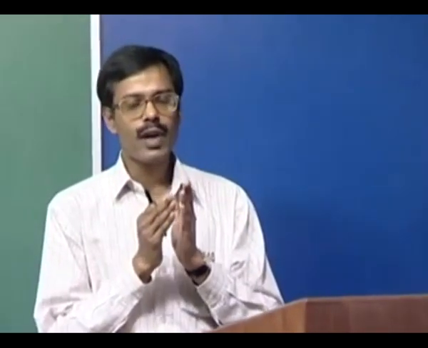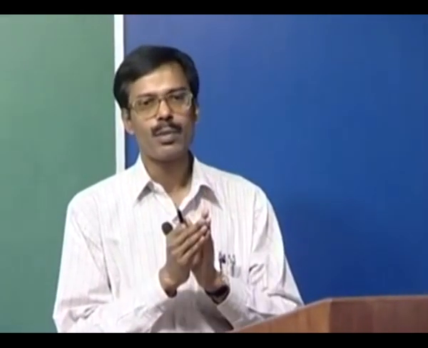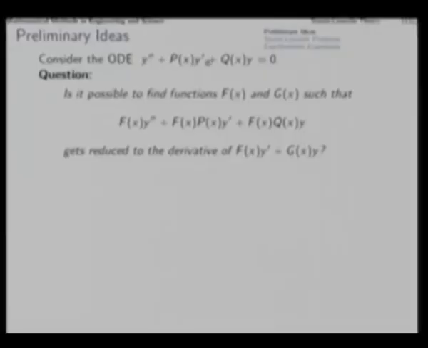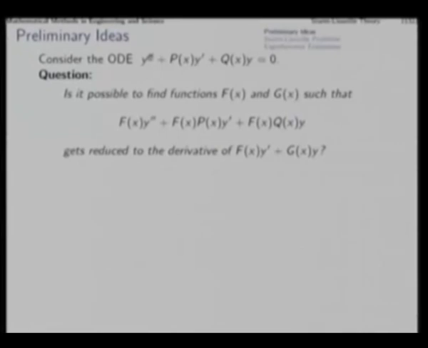So, for figuring out what is this self adjointness of a differential operator, we again start from some simple notions. Consider this second order linear homogeneous ordinary differential equation, and in the corresponding first order equation, the Leibniz equation, we had y prime plus p x y equal to something.